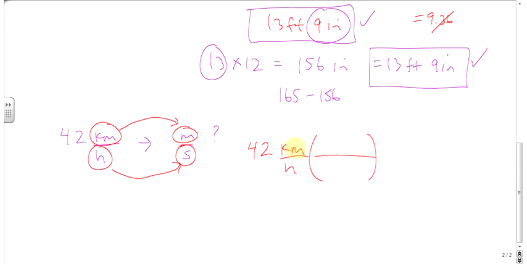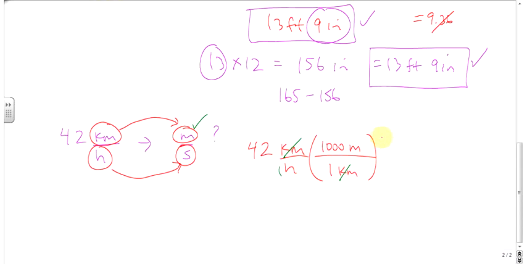To get from kilometers to meters, I know 1 kilometer is 1,000 meters. That's on our formula sheet. Okay? Kilometers divided by kilometers. This will now be in meters per hour. Okay? I'm half done. I got the meters part.